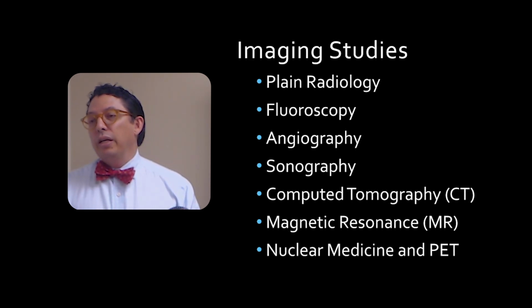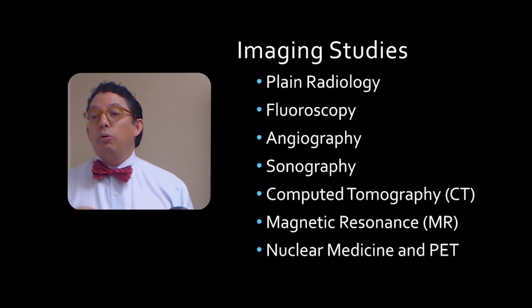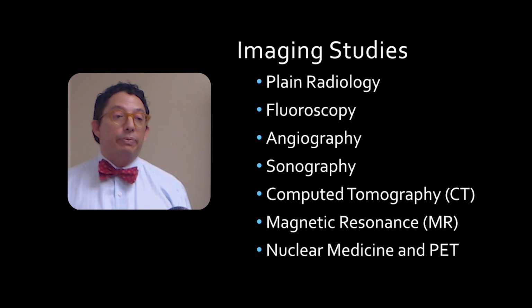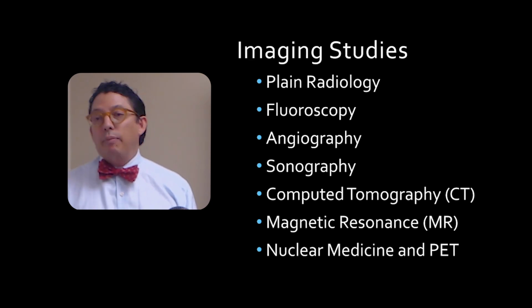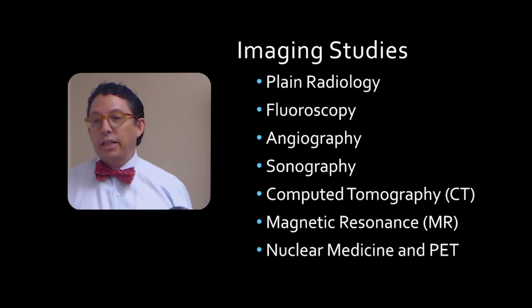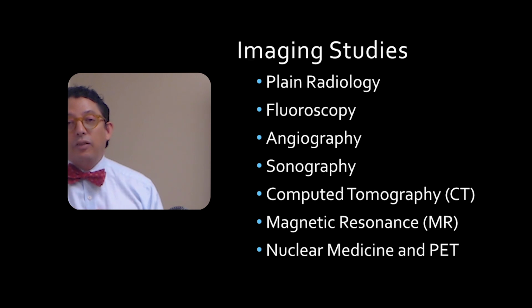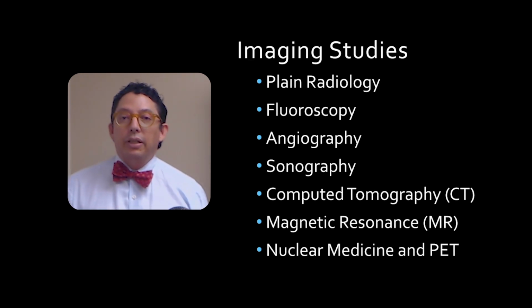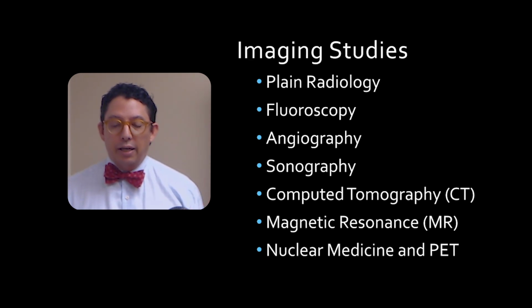And finally, you can inject a pharmaceutical agent that emits either gamma rays or positrons. That's nuclear medicine, where the radio emitter is inside the patient and emits radiation, and a special detector picks it up.